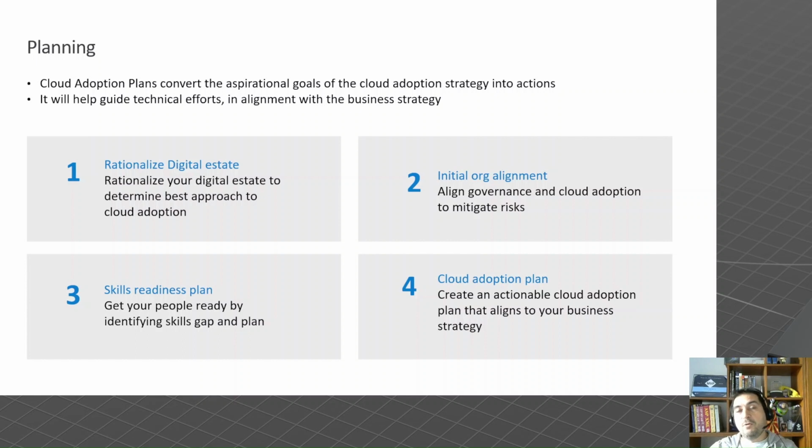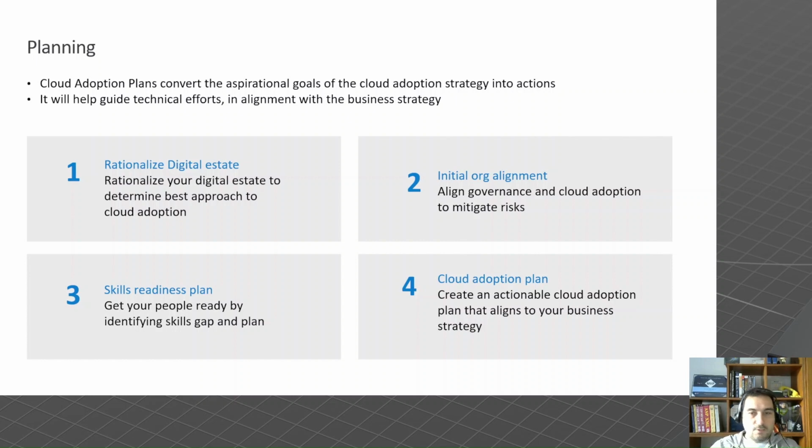We need to figure out the skills readiness, right? Sitting in front of a person and talking about the beauty and the capabilities of this and that service inside of Azure, if that person does not understand what's going on, then you might get a hard no. It's the unknown, comfort zone thing, so they will start pulling back and revert to the defaults: go for what I know and object to everything.